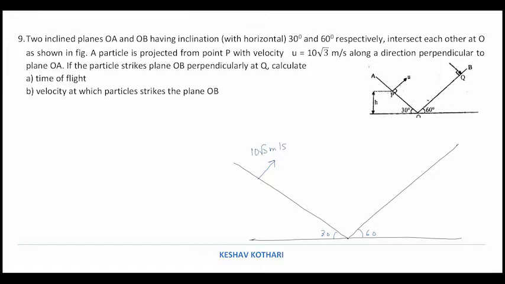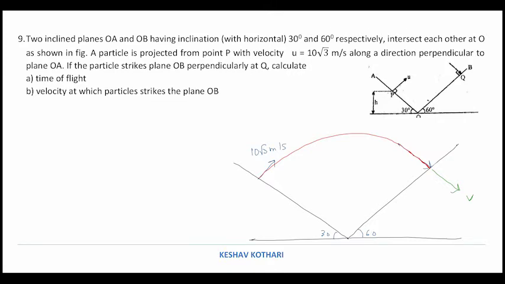It will follow a path and will strike over here. We are considering the velocity when it is striking here as v. The path of the trajectory can be marked like this.